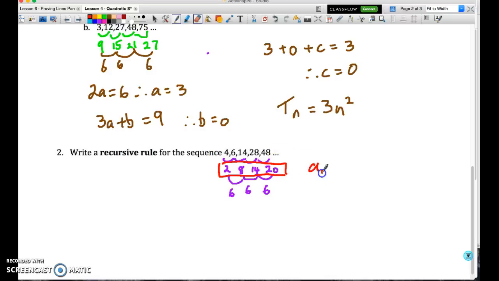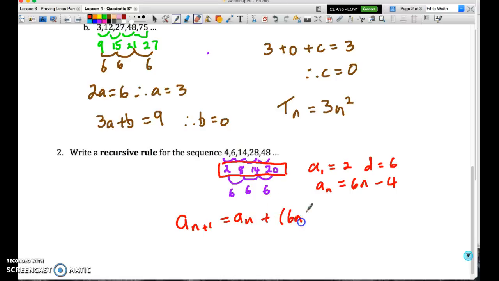And so in this case, I'm able to say that a1 is 2, d, the common difference, is going to be 6, and using the an formula, I am able to get an explicit formula for the arithmetic sequence. And then I'm going to write my recursive formula, and my formula will be a(n+1) is equal to a(n) plus 6n minus 4.